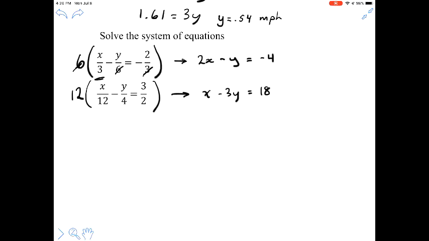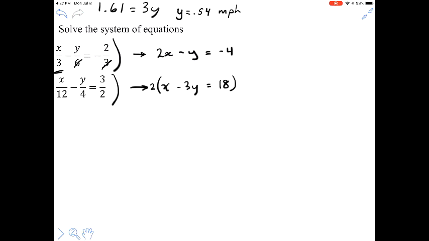So from here, again, you've got your choice. You can do substitution or elimination. I'm going to go ahead and multiply the bottom equation, though, by 2. And negative 2, you mean? Let's do negative 2. Good choice. Let's multiply that by negative 2.